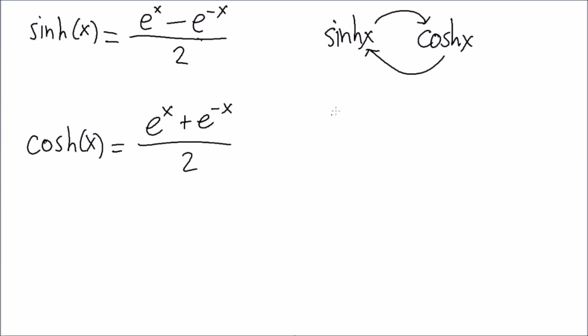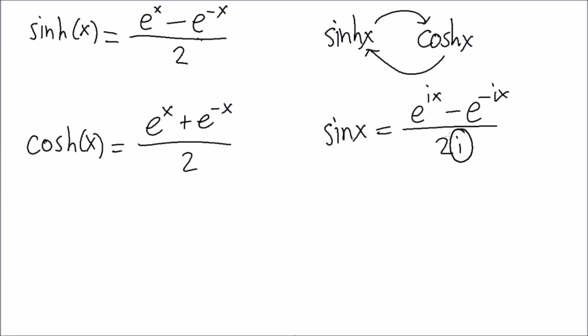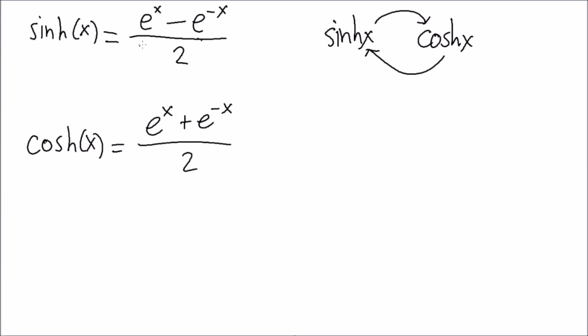The reason why regular trig alternates sign is because regular trig functions can be put in terms of exponential functions, but they involve imaginary numbers. That's why we start having these negatives. Because we don't have imaginary numbers in hyperbolic trig functions, it doesn't alternate signs.